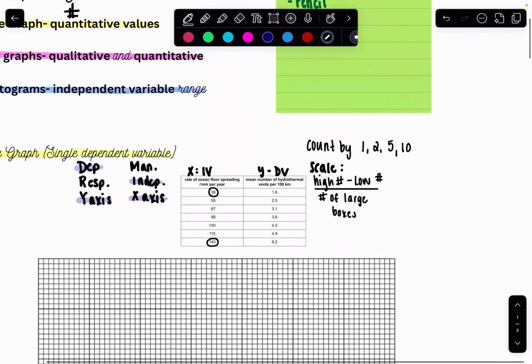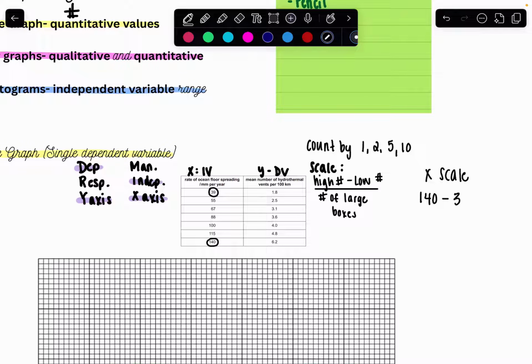For our x scale, the high number we have, 140, we're going to subtract 39 and divide by the number of large boxes that we just counted, which was 7. Now this is why you may want a calculator. 140 minus 39 divided by 7. You get 14.4. I think it's safe to say that we can say 14.